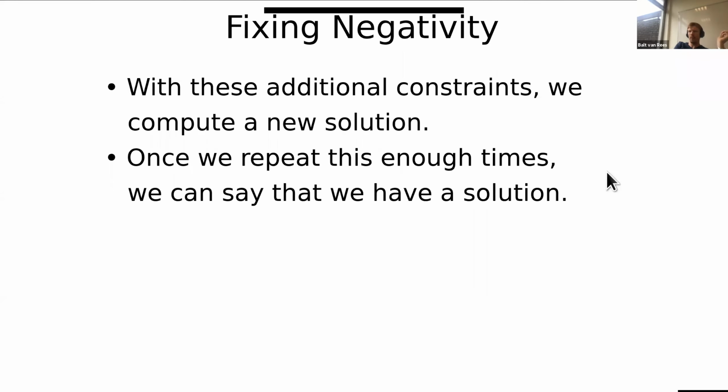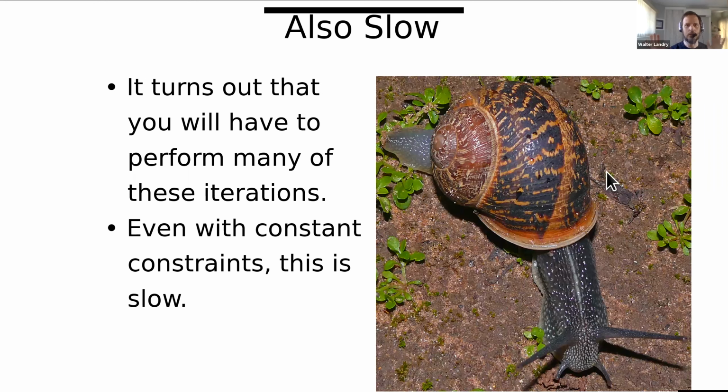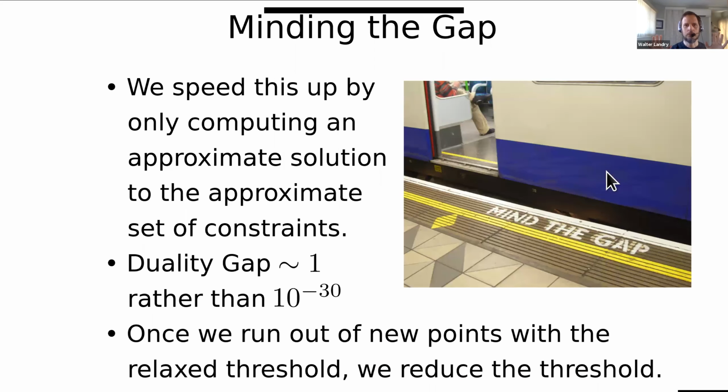So, right. Okay. So anyway, this is slow. So one of the things that I did was at the beginning, we don't need a super precise solution to the problem, because we're going to throw away the solution right away anyway, because we're going to add some new constraints, right? So we have very, very loose constraints on the duality gap at the beginning.